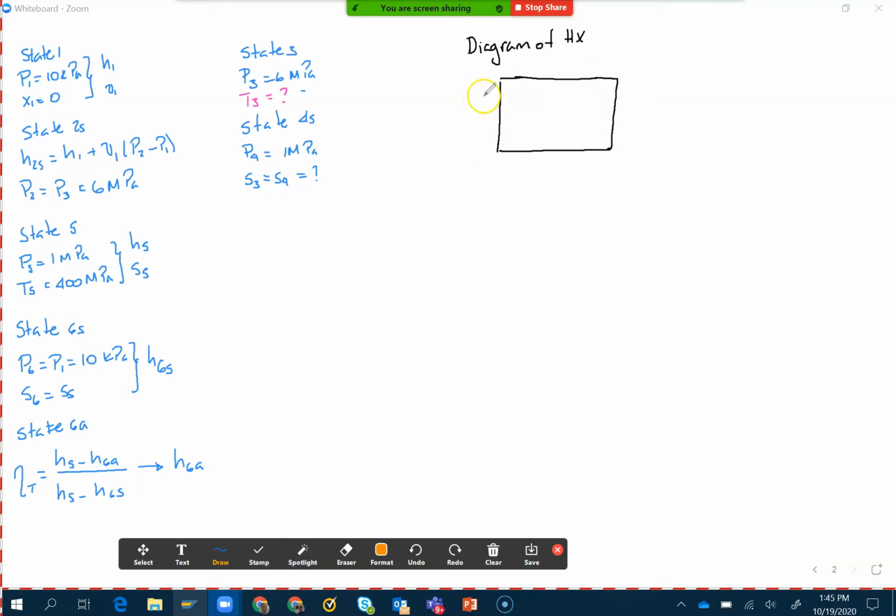The first stream comes from the air side. We have point 8A and it leaves as point 11, right? And the mass flow rate that we have is the mass flow rate of air. And in counterflow, we have 2 streams of water.